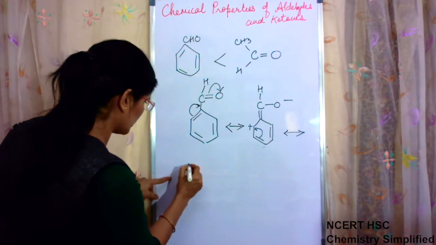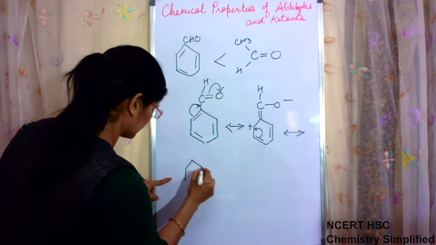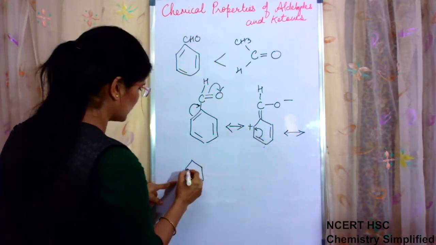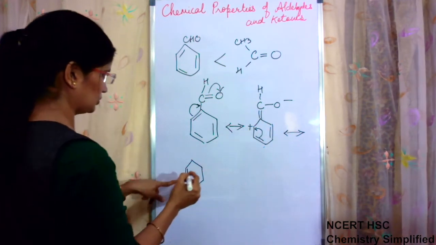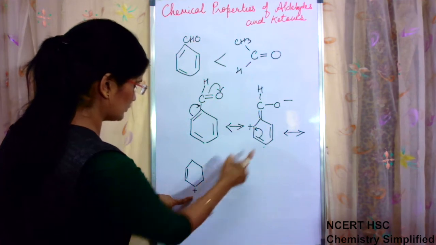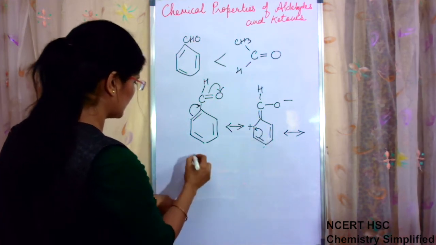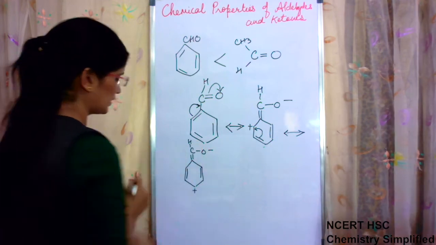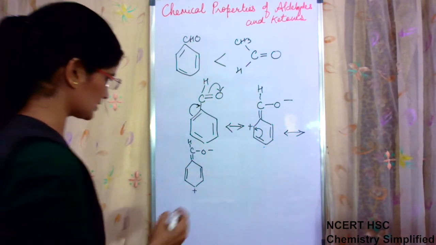So the next structure will be this bond comes here. Okay, this acquires positive charge, this bond as it is, and double bond CO negative H. This is the next resonating structure.